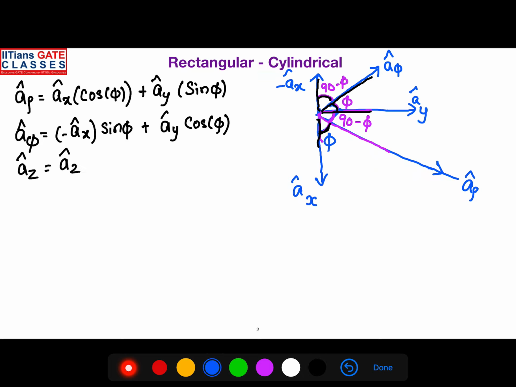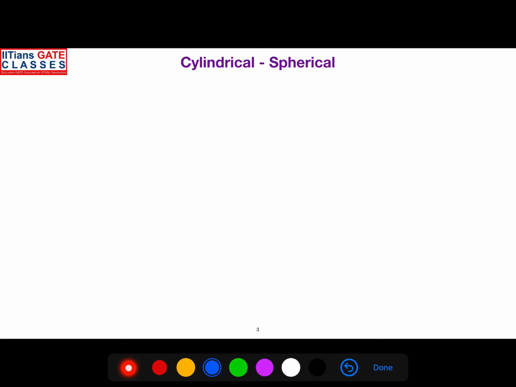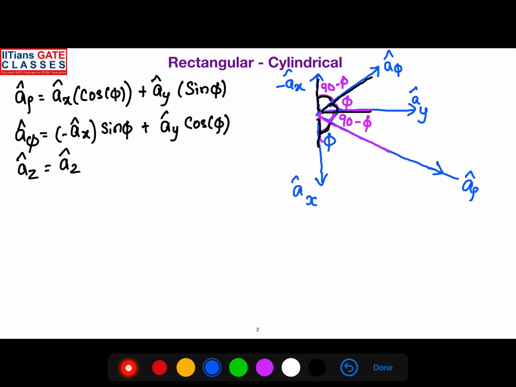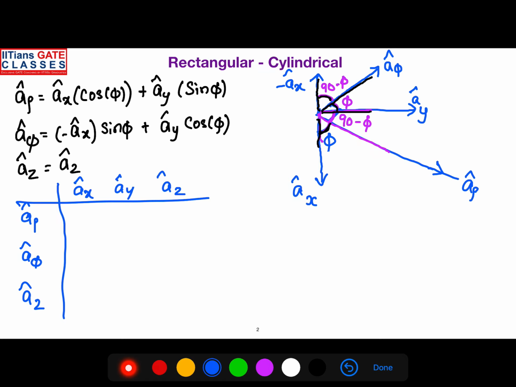If you are representing it in matrix form, I can write it like this. Let me say a rho, a phi and az on one side, and ax, ay and az on the other.